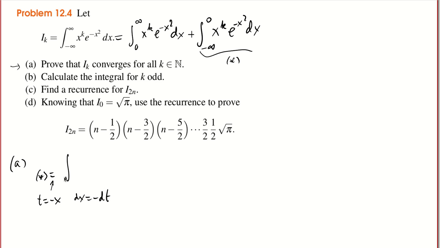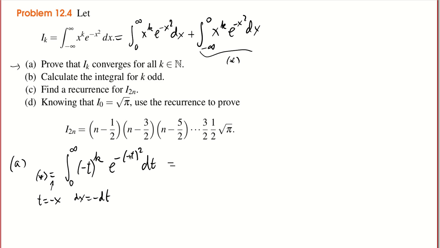We have the integral, when x is minus infinity t is plus infinity, when x is 0, t is 0, and because of this minus, we can swap the limits of integration, so we can write the integral from 0 to infinity and compensate for this minus. And then we have minus t to k here, and here we have e to the minus t squared dt.